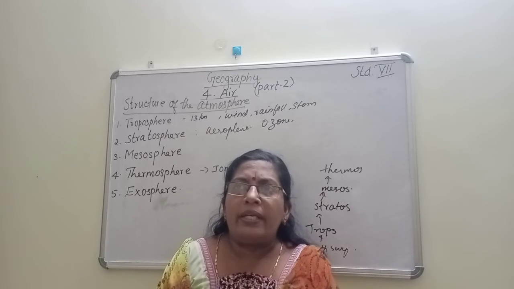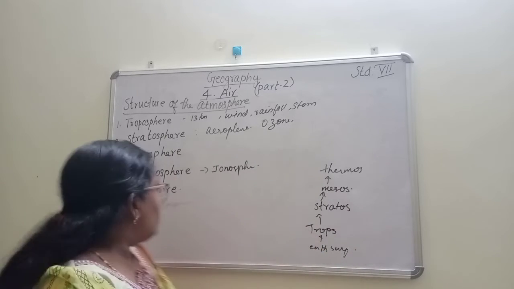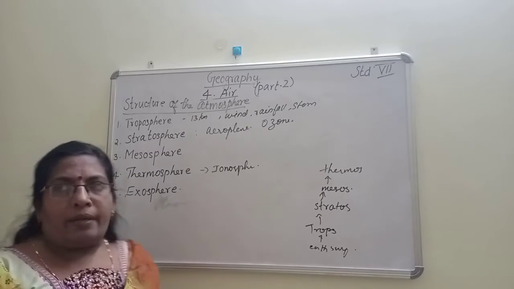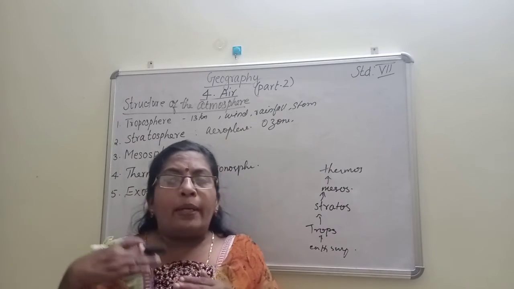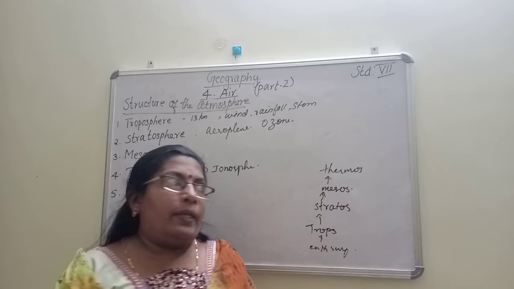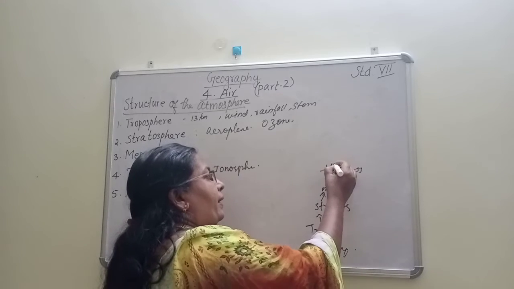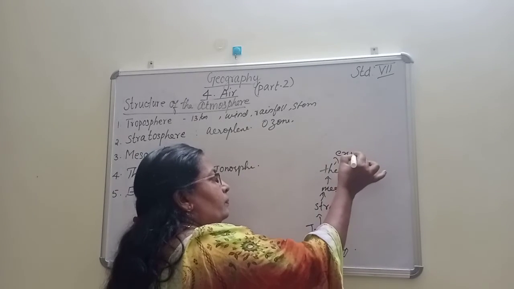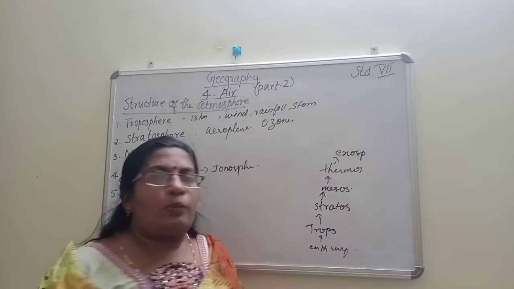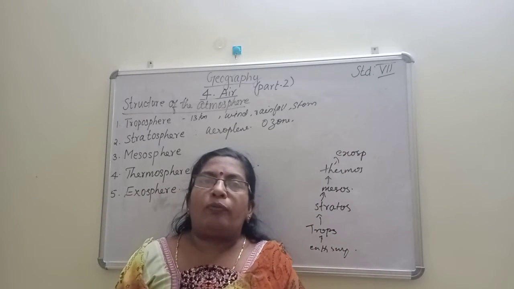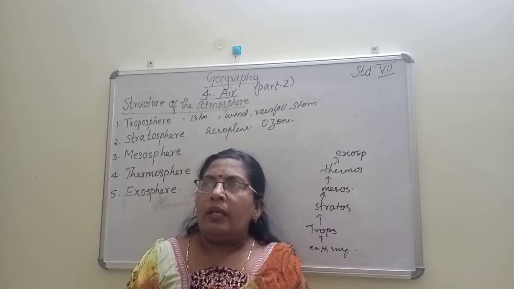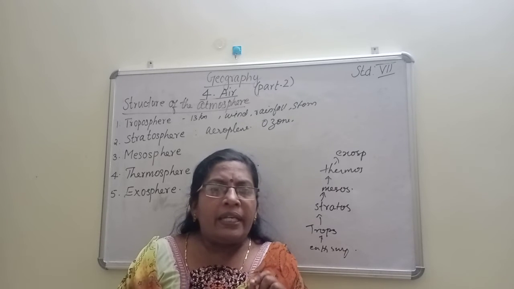Next, the last one is exosphere. Exosphere is the upper layer of the atmosphere. This is a very thin layer.